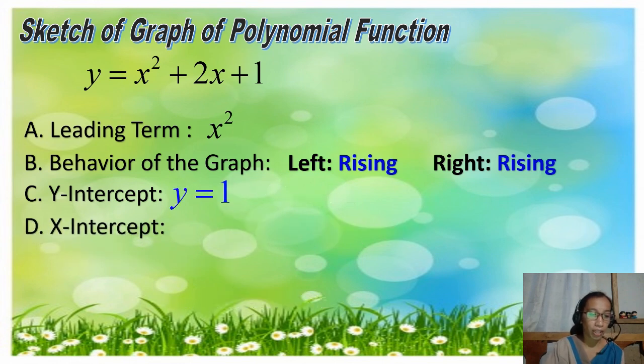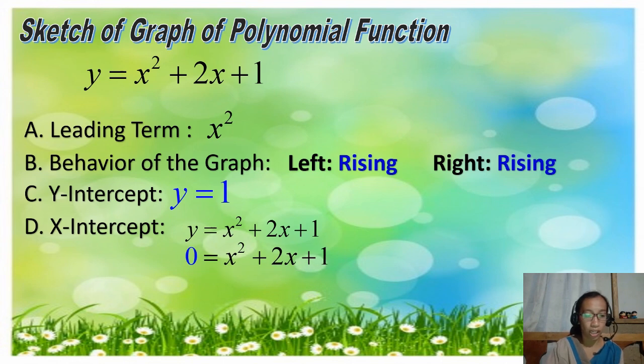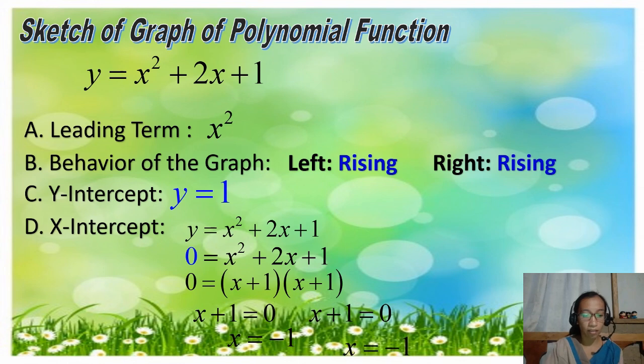Letter D to be considered, x-intercept. So, for the x-intercept, we change y with 0. After changing y with 0, factor out. So, ang factor natin ay x plus 1 times x plus 1. Then, equate with 0. So, x is equal to negative 1, x is equal to negative 1.